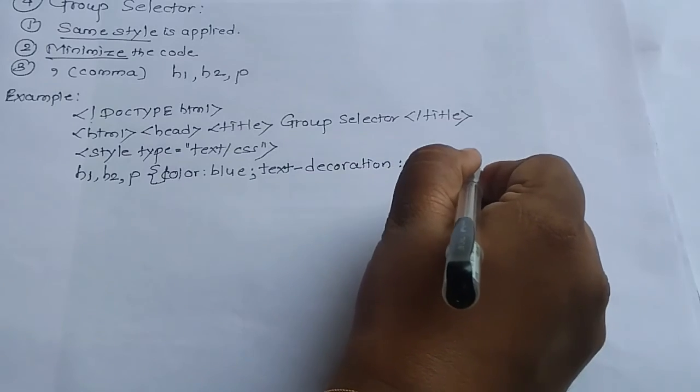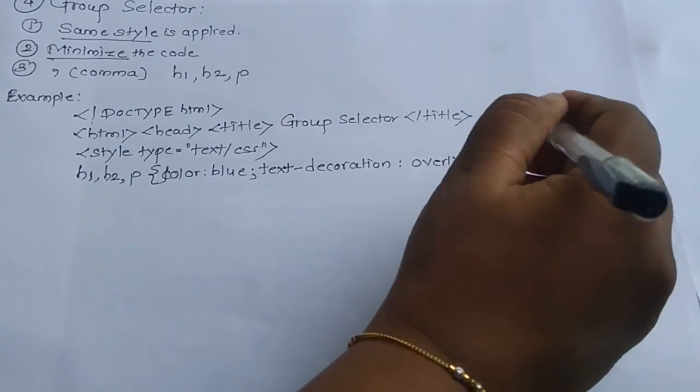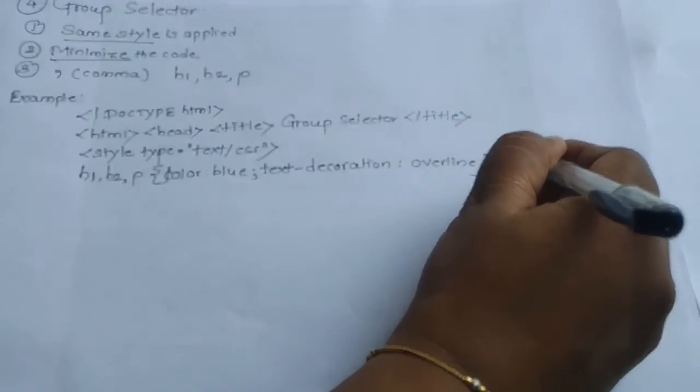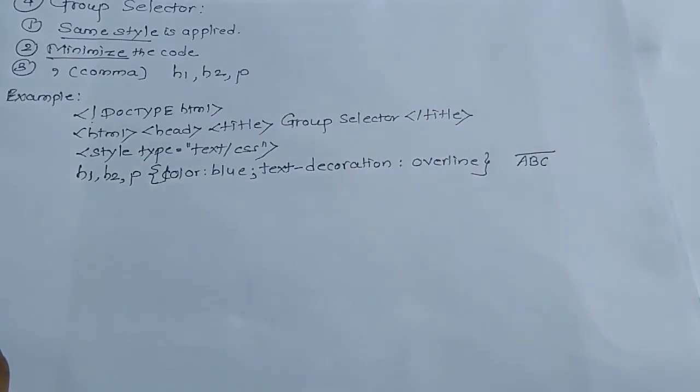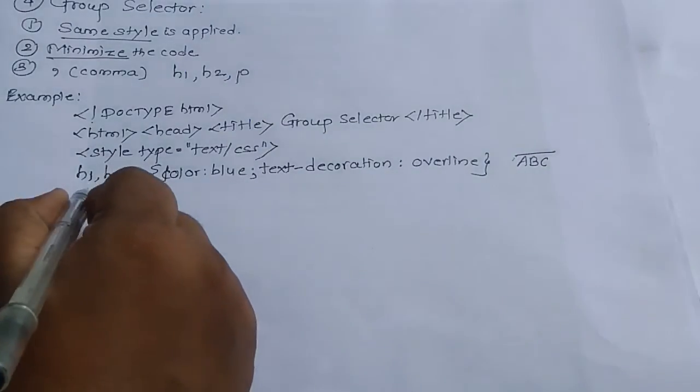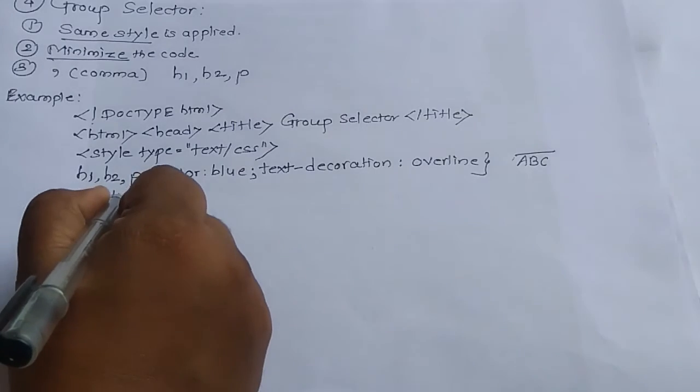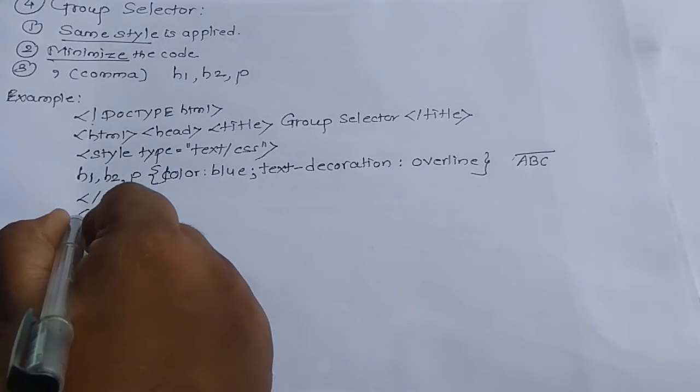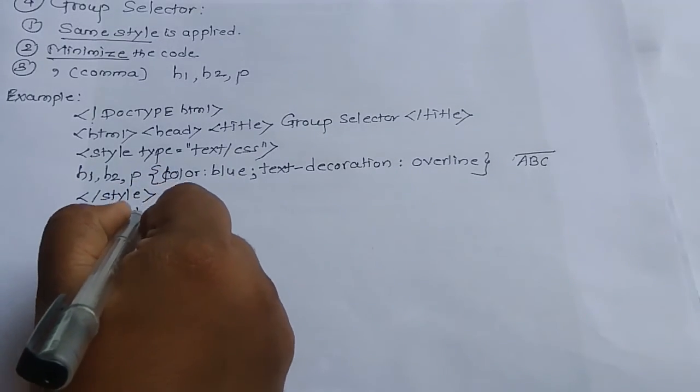What is the use of the overline value? It draws a line above the word, shown in this pattern: ABC with a line above the word. Then close it with slash style and slash head.